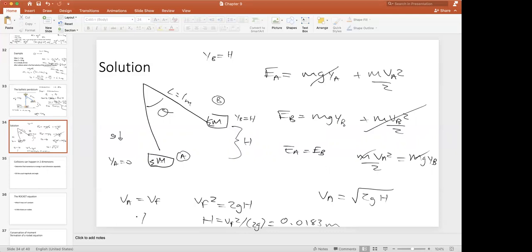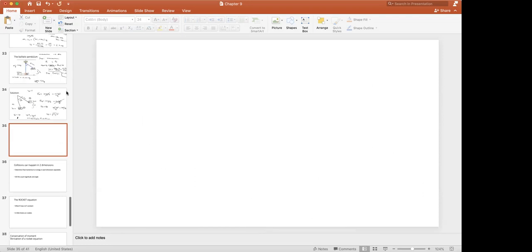If we know the triangle, when we have this with some angle, this length and this length are the same, okay? This distance here is L cos theta.